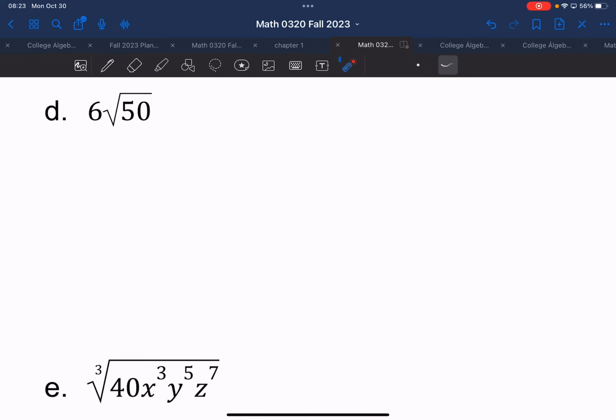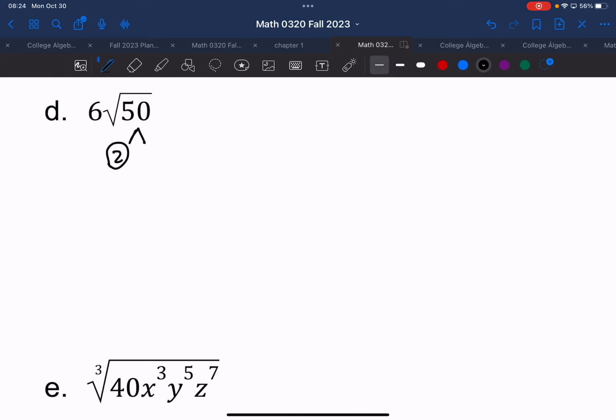Now looking at part D, we have 6 square roots of 50. When we do the prime factor tree, are we going to deal with the 6 in the beginning? No. We're only going to do the prime factor tree of what number? 50. So what's the first prime number that can go into 50? 2.